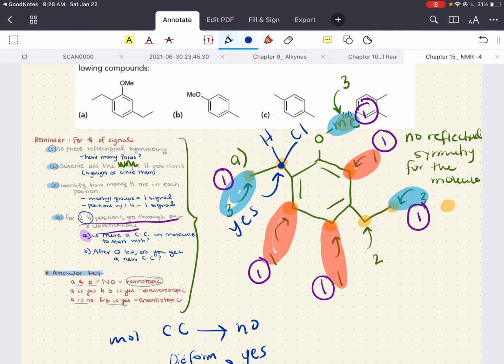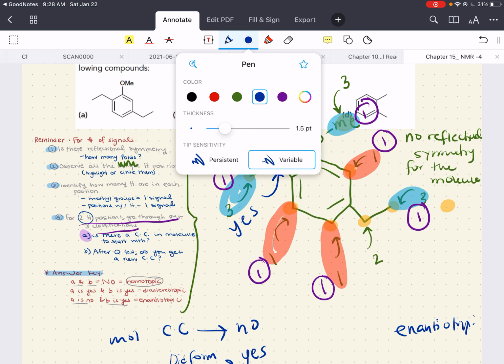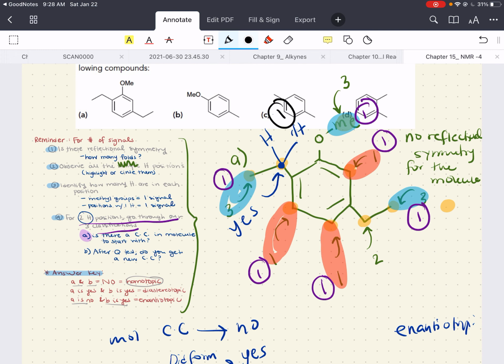And when we did our Q test at that position, we did form a new chiral center. What does that mean? That means that the two hydrogens over here are enantiotopic. That means they're chemically equivalent. So we only get one signal from this position.